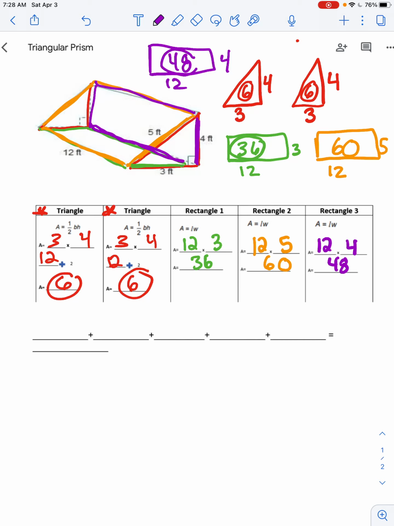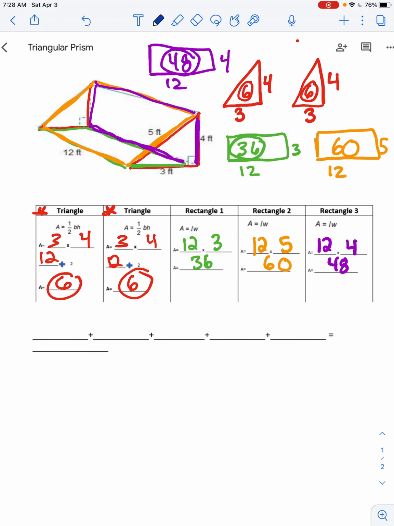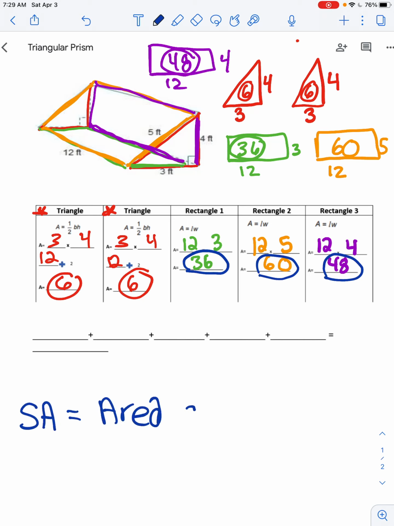So basically what I did was break this triangular prism apart, and I found the area of my 2 triangles, my first rectangle, my second rectangle, and my third rectangle. When we talk about surface area, remember surface area is SA. Surface area means the area around the shape.